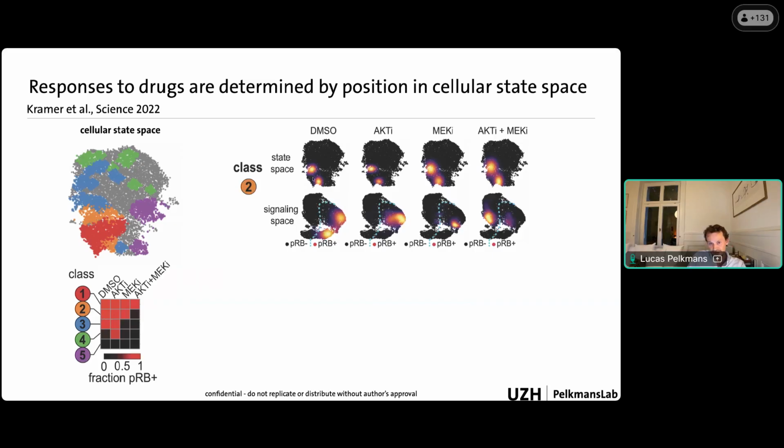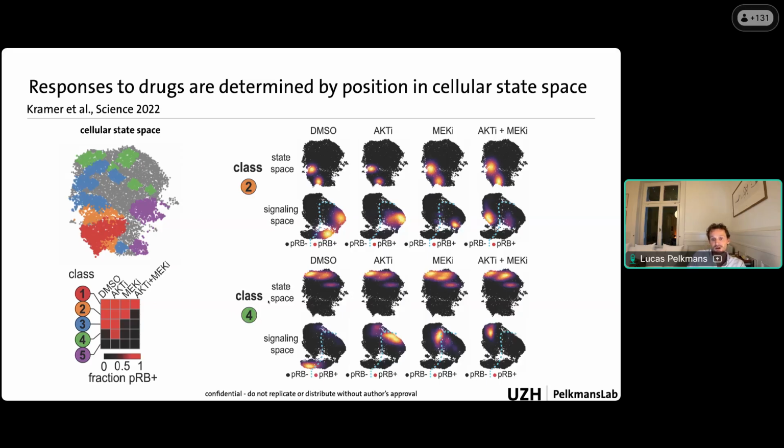So even though these cells are in this location in state space and they stay there in all these conditions, you see that they really change their position in signaling space. So upon AKT inhibition, they end up here. MEK inhibition, they end up here, and only the combined inhibition brings them across this decision boundary, which is indicated by this dashed line. And finally, class 4, these are cells that are located here in state space.